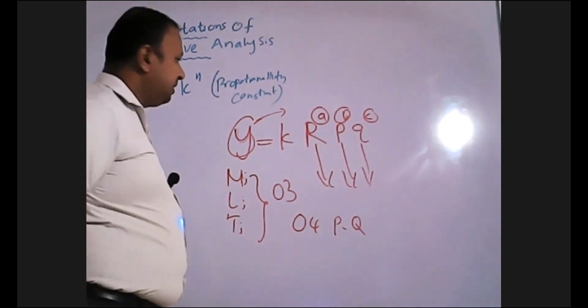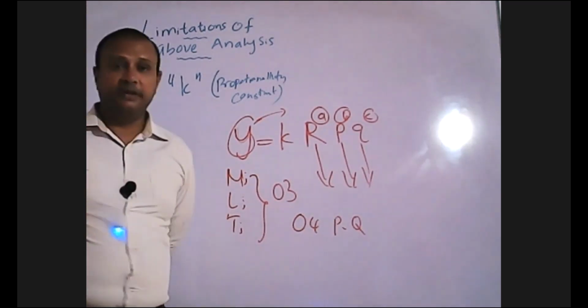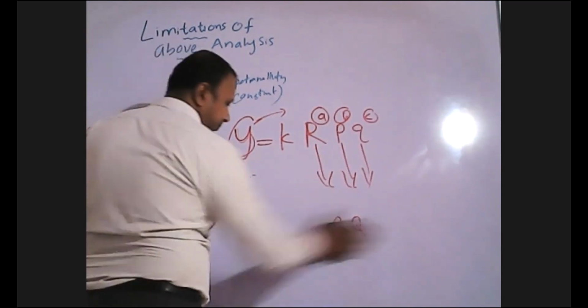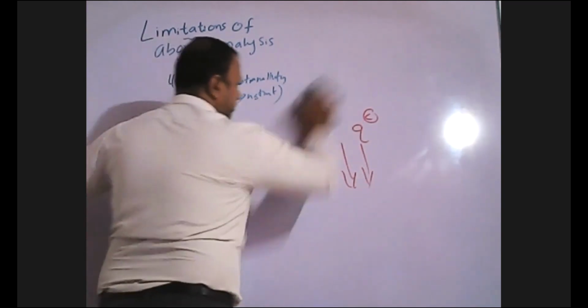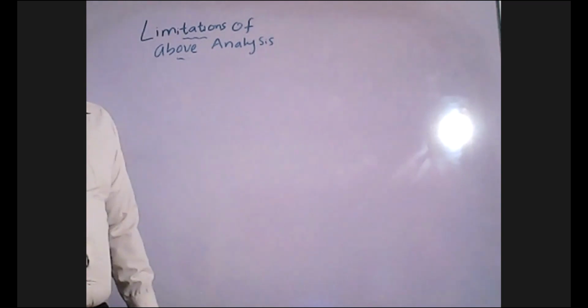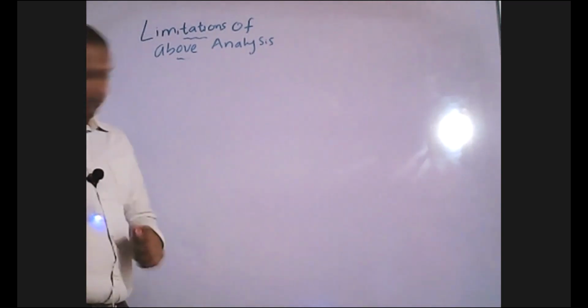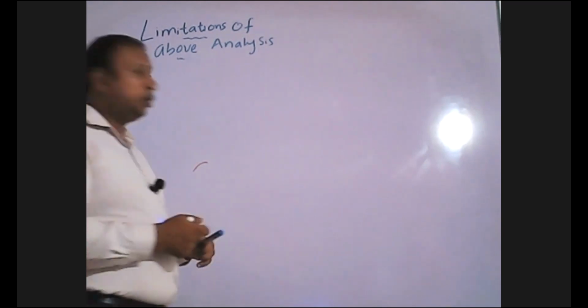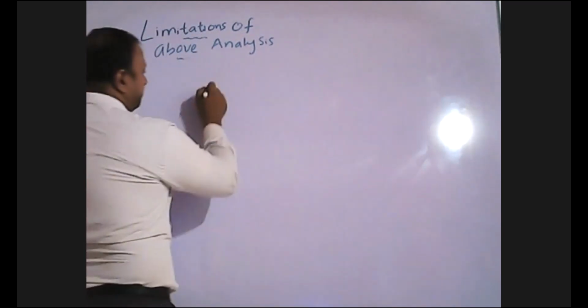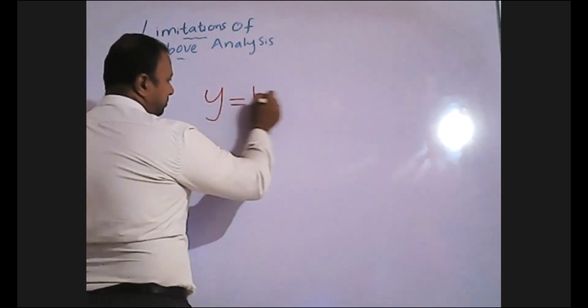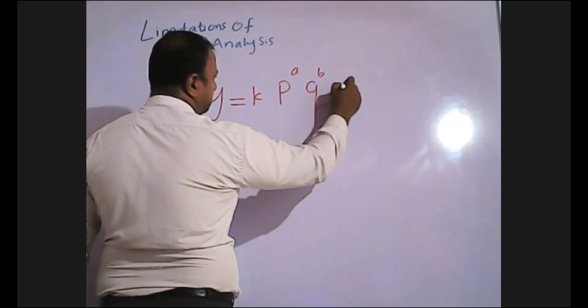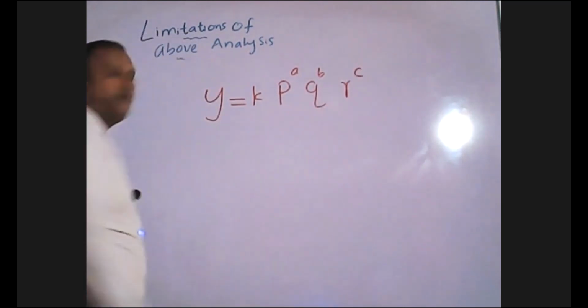The maximum number of physical quantities that can be combined through this method is 4.